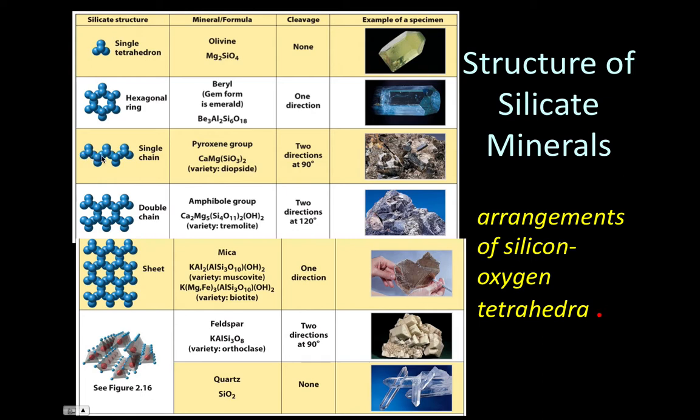You could actually make a chain of tetrahedra, which form the pyroxene minerals. 2 chains together form the amphiboles. You could have sheets of the silicon-oxygen tetrahedron connected together, and these form the mica minerals. And then other more complicated structures can form to create the feldspar and quartz minerals.